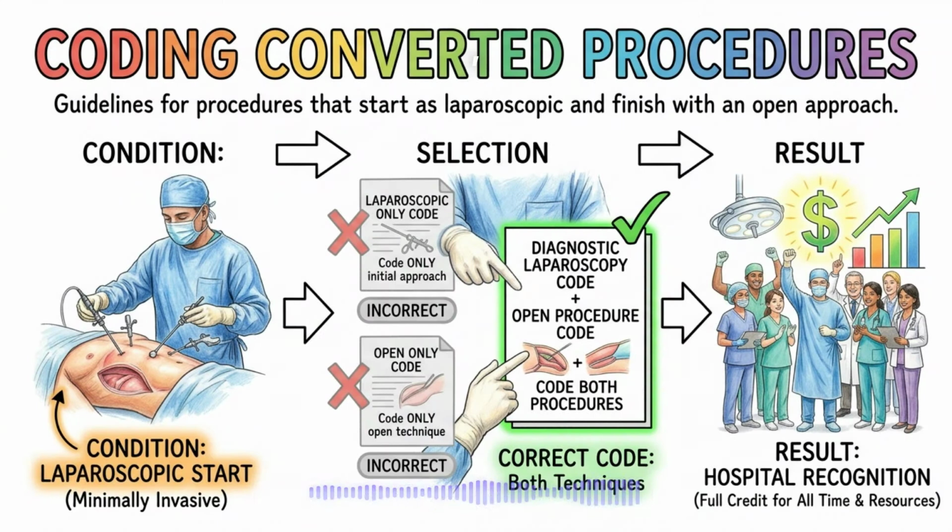The coding guidelines explicitly state that you must code both the diagnostic camera procedure and the final open surgical procedure. This ensures the hospital is fully recognized for all the time and resources spent in the operating room. Make sure you understand the rules for procedures that are started but not completed, or converted to a different surgical approach.